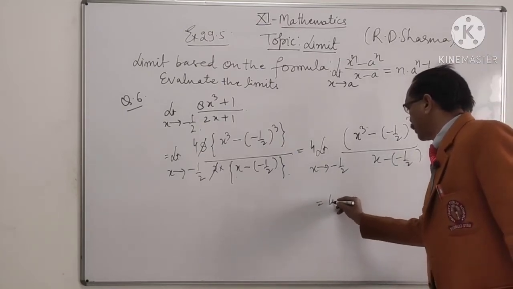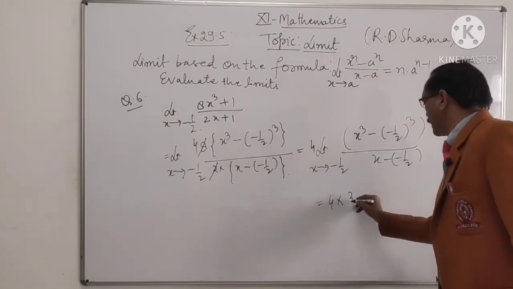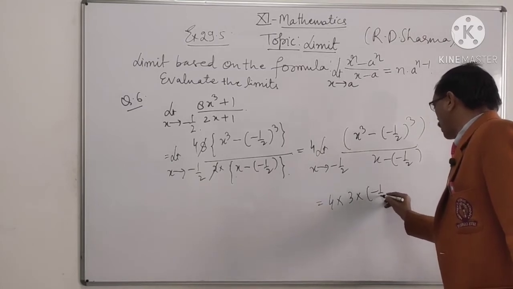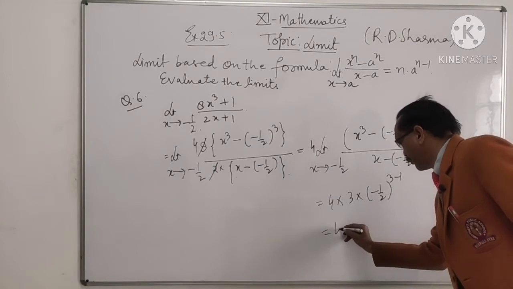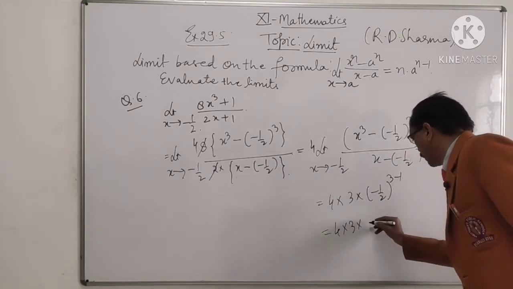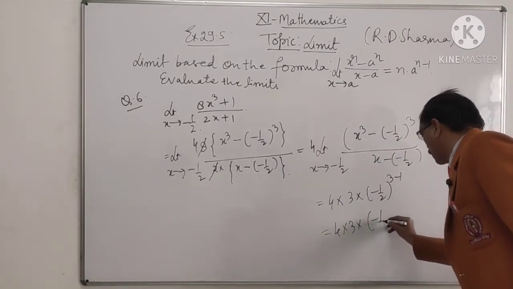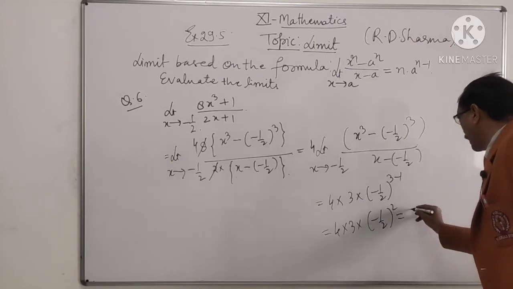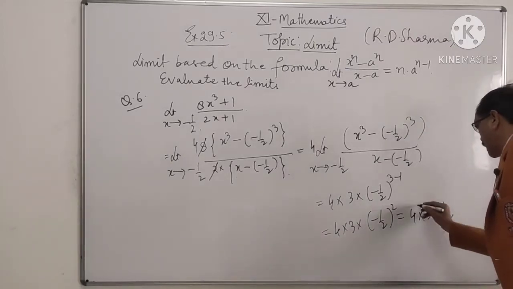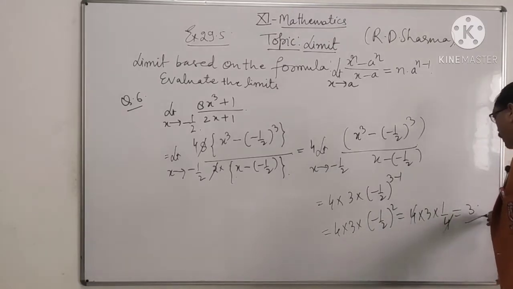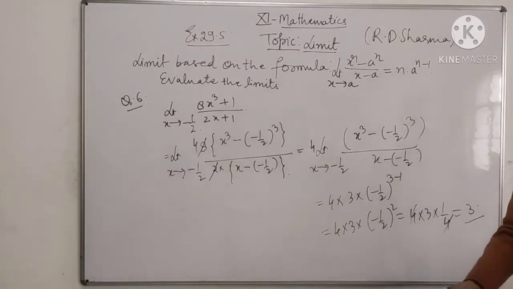So it is 4 into 3 into minus 1 upon 2 power 3 minus 1. Then it is 4 into 3 into minus 1 upon 2 square, which is 4, and the answer is 3. So the limiting value is 3 here.